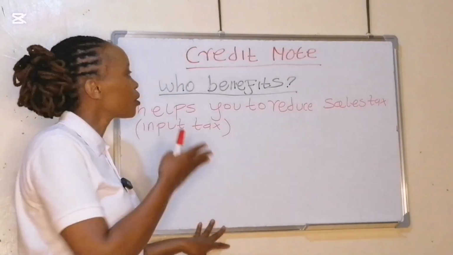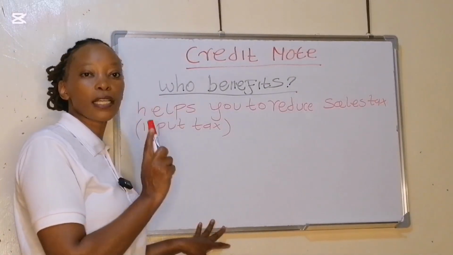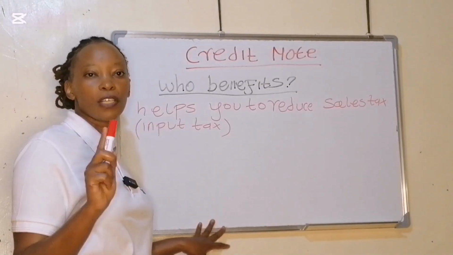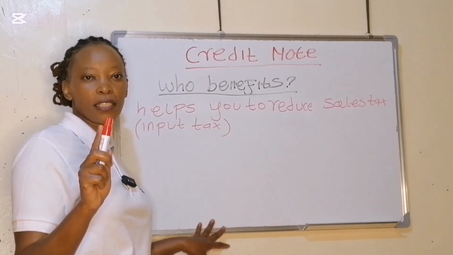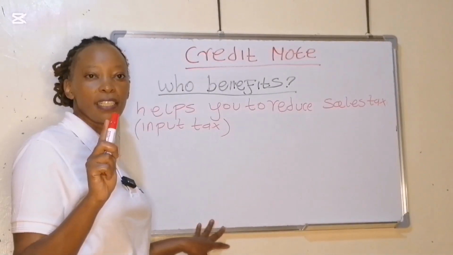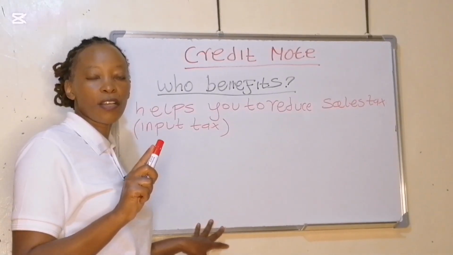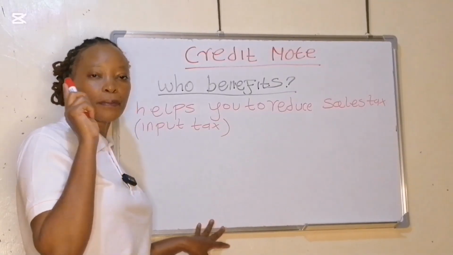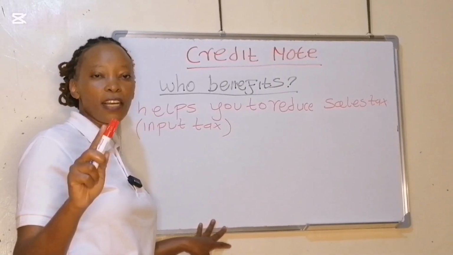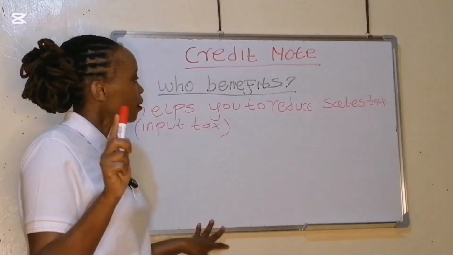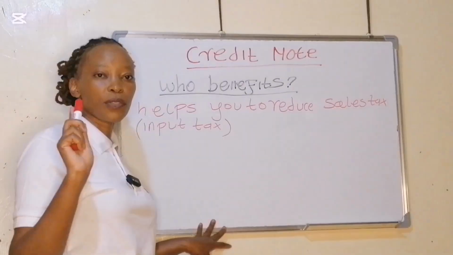This is something you don't throw away. Actually, you should keep it together with the invoice that was adjusted. This is the right procedure to keep your financial records in the right way. Okay, so I hope you are with me up to that point.